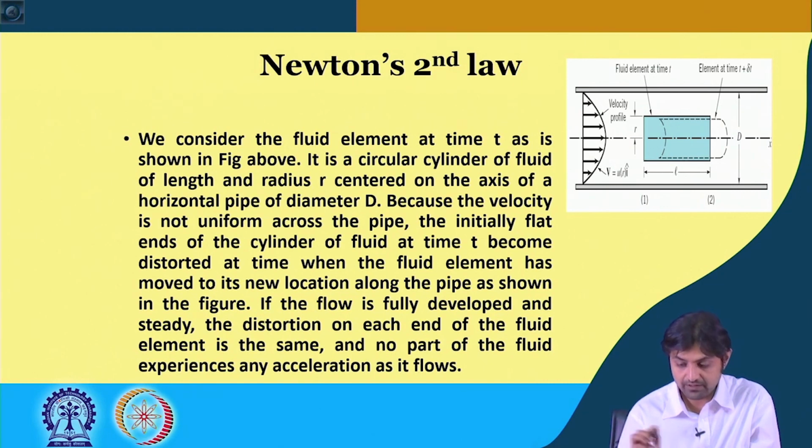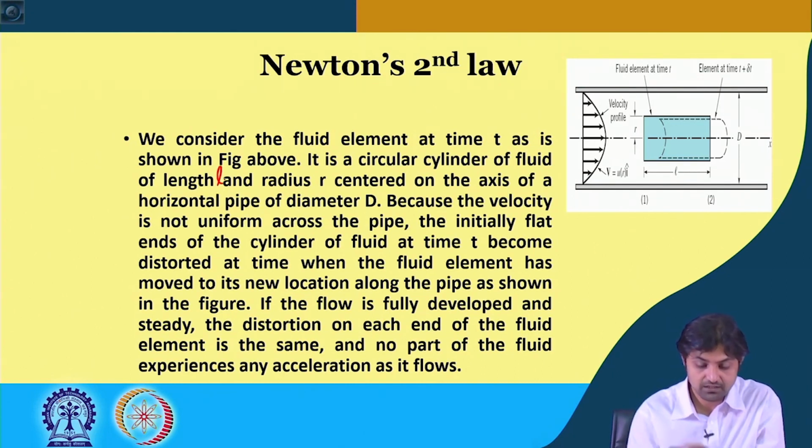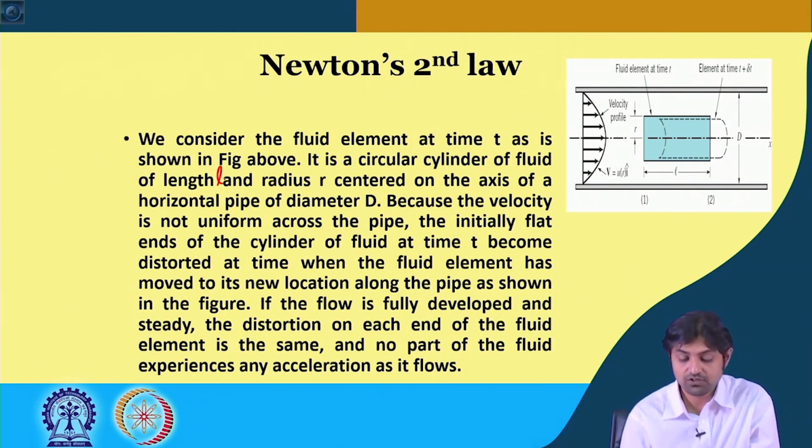Now I will repeat what I have said again. We have considered a fluid element at time t as shown in the figure above. This element is a circular cylinder of fluid of length L and radius r, centered on the axis of the horizontal pipe of diameter d.